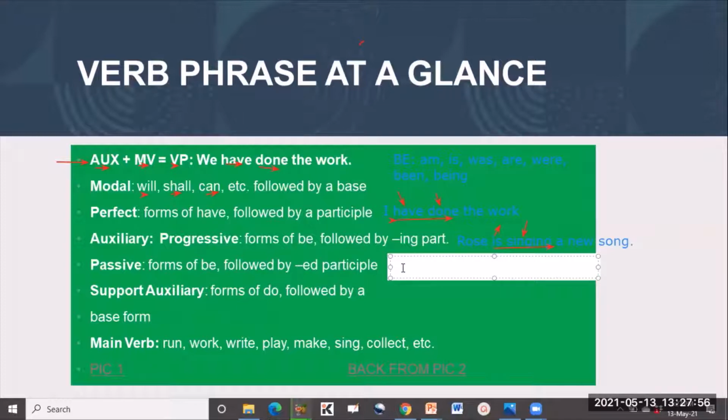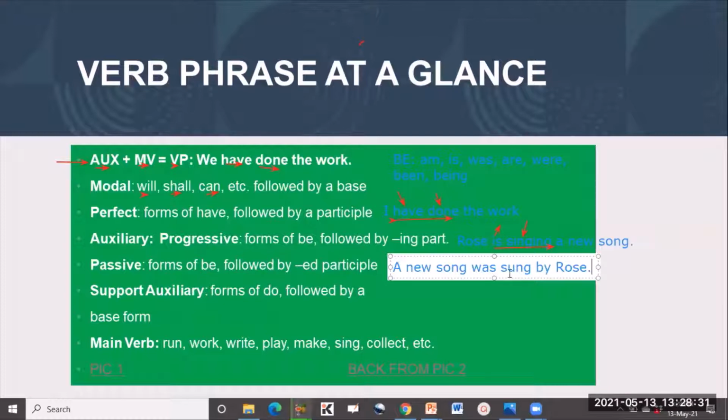So in this case, a new song was sung by Rose. So in this case, you can see the passive form. We only change this to a passive form.